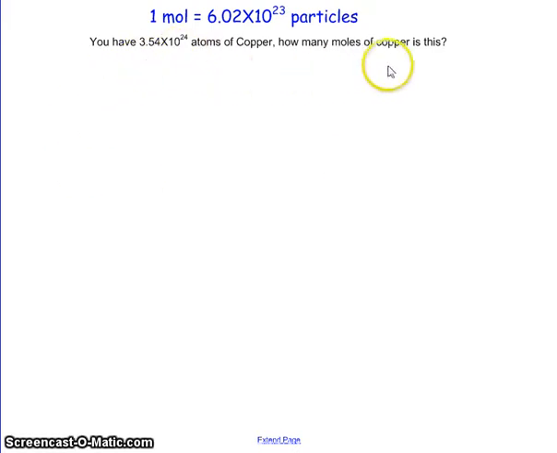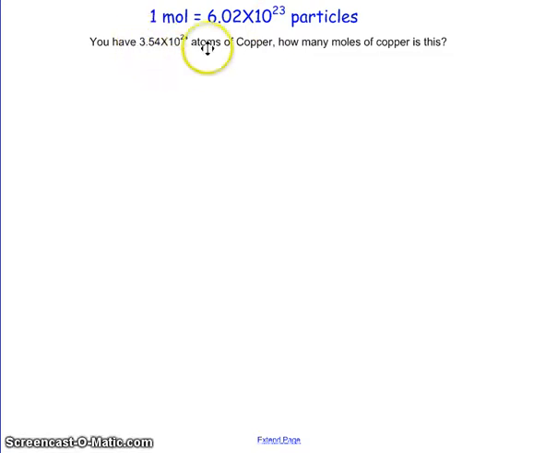So for example, if we have 3.54 times 10 to the 24th atoms of copper, we want to know how many moles of copper is this. 1 mole is going to be equal to 6.02 times 10 to the 23rd particles. Okay. Since we're looking for moles, atoms is going to be the particles. Keep that in mind. So first thing I want you to do is just make a prediction.